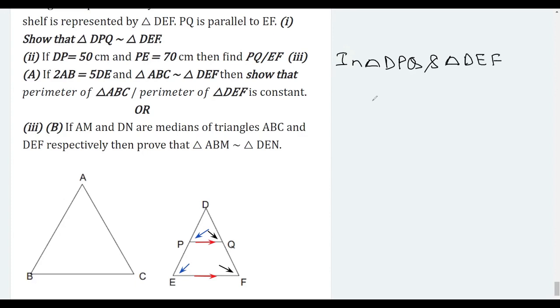and the other triangle is triangle DEF. Now as I said, PQ is given parallel to EF.